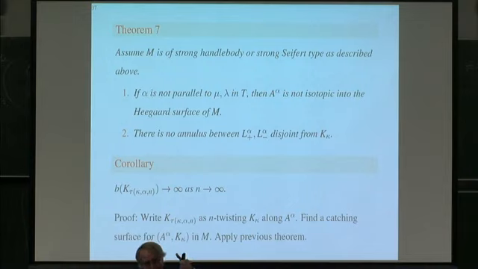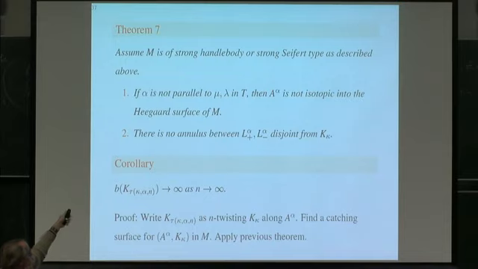That annulus would have to live just in H, and when you look in H, there's no annulus between L plus and L minus that's disjoint from K kappa. It's just using the fact that you're gluing along a complicated surface that guarantees these two conditions.